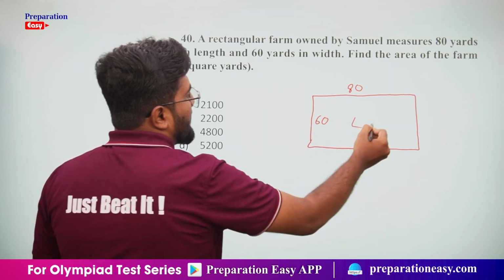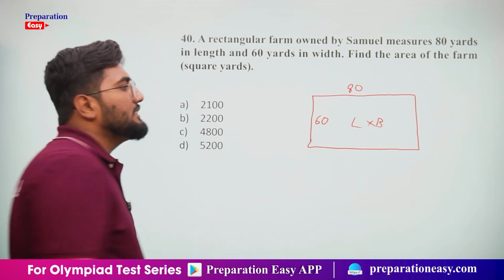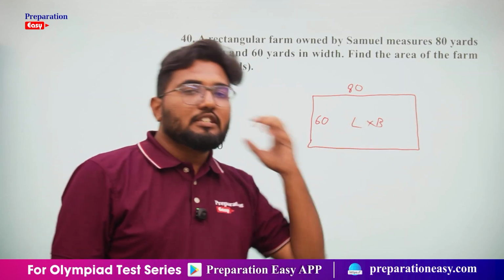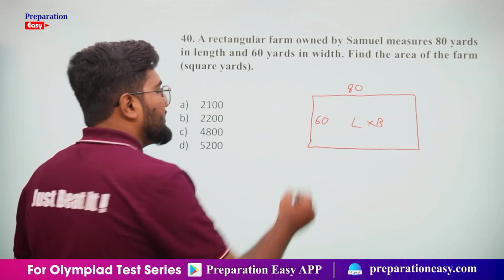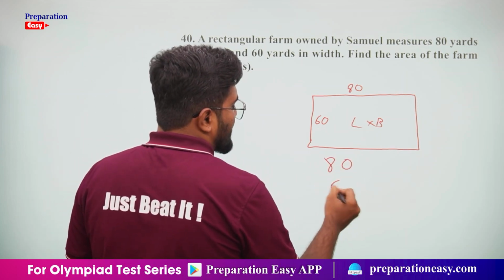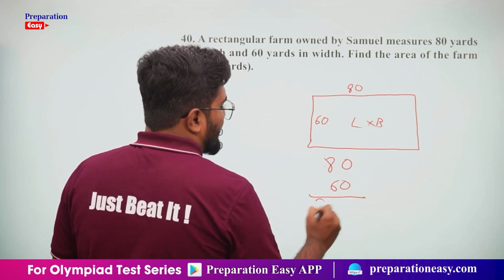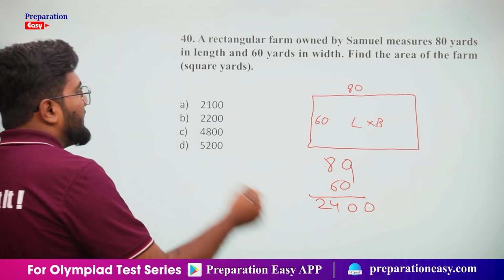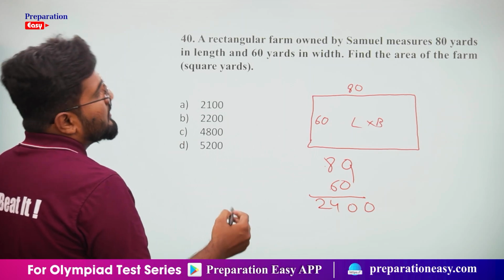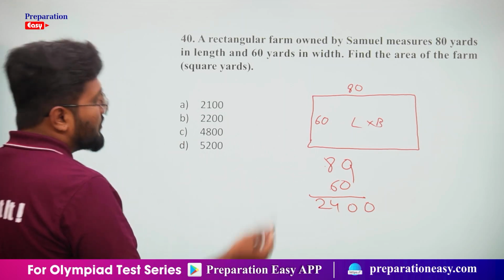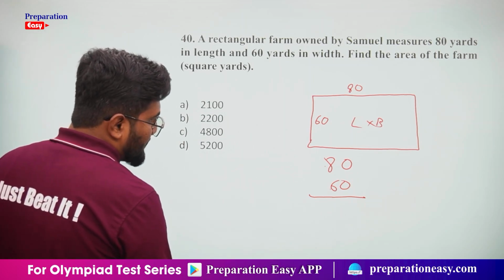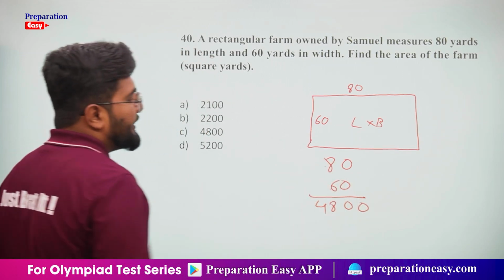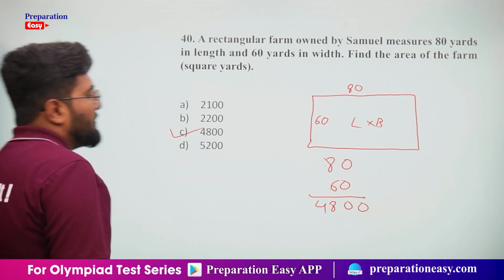So the formula is L into B. Length is 80 and breadth is 60. 8 sixes are 48 and the two zeros as it is. So our answer will be 4800.